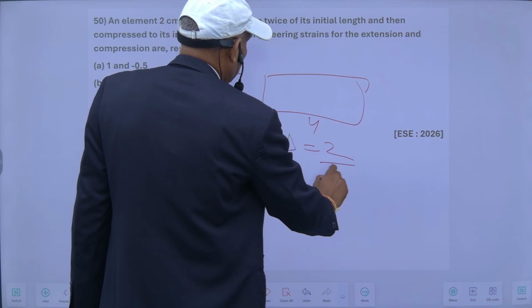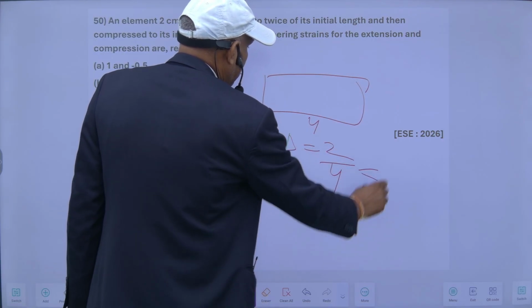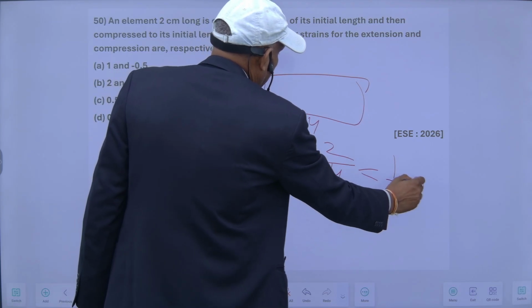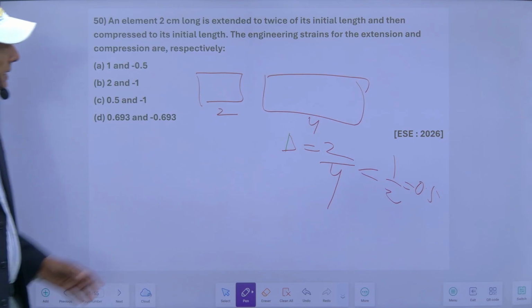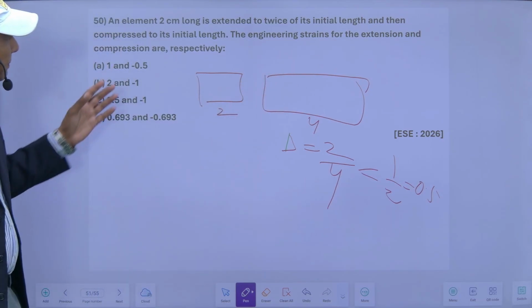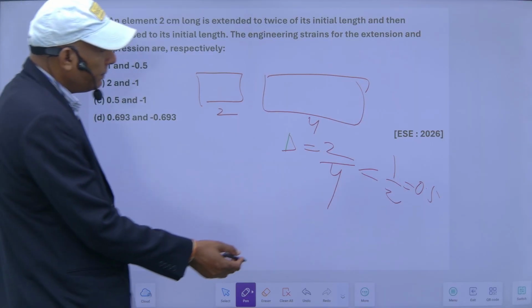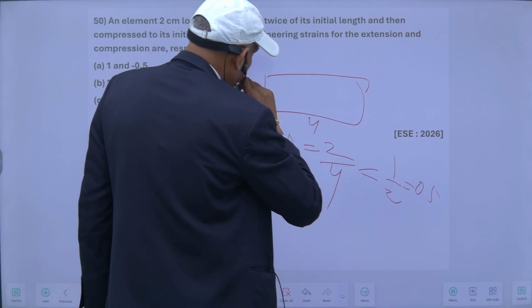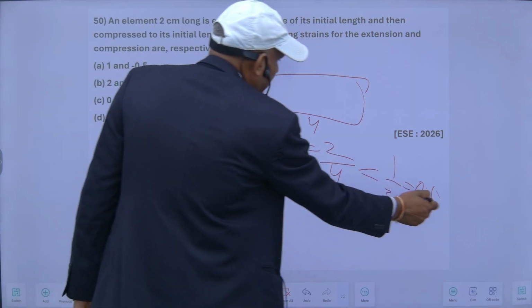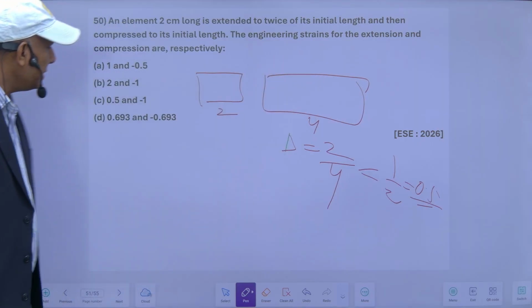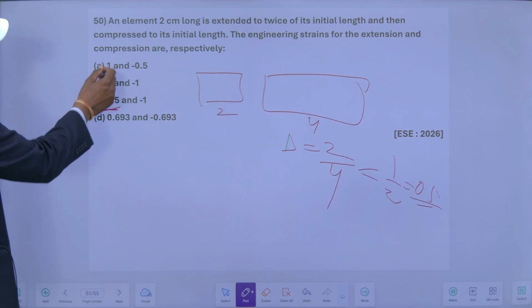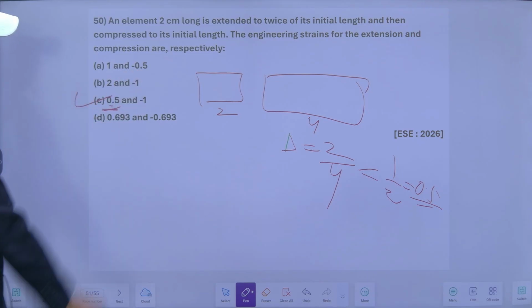Change in length upon original length means it will be 1 by 2, means 0.5. So engineering strain for the extension and compression. For extension the strain will be change in length upon original length, which is 0.5. So in case of extension this is 0.5. So 0.5 will be the correct answer.